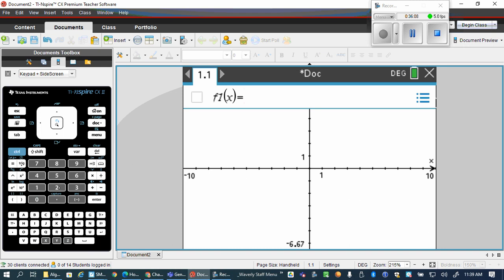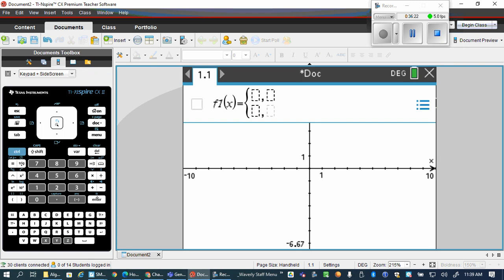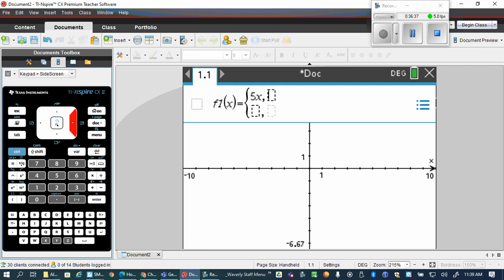Remember how to find piecewise in your thing there? Everybody remember? See the 9 button and this button directly to the right of it? Push that. You see this one here with the commas? Right? It's going to be 5x. And do you remember where to find the less than and greater than things? Who remembers where to find the inequality signs?